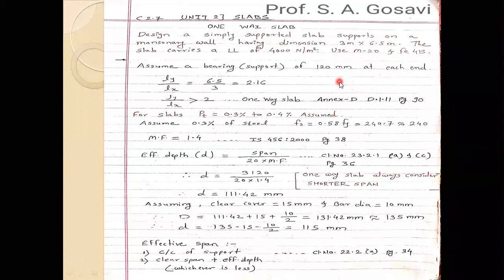Use M20. So M20 is nothing but fck, 20 Newton per mm square. Strength of concrete is given to you. Similarly, strength of steel is also given to you. Fe415, 415 is nothing but the yield strength of steel. So the value of fy is also given to you. It is 415. So now here, just a minute.